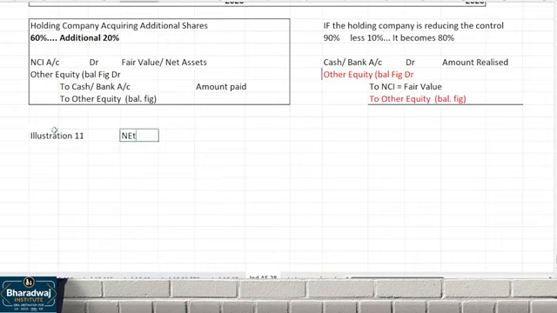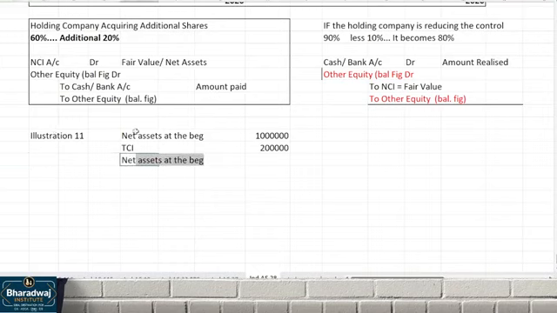What was the net assets at the beginning? 10 lakhs. Total comprehensive income for the year 2 lakhs. So net assets on the date of sale, how much is it? 12 lakhs.